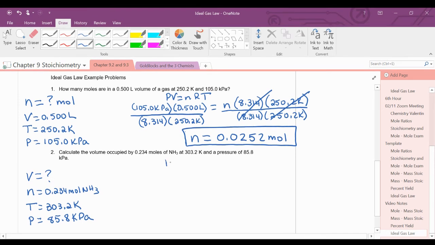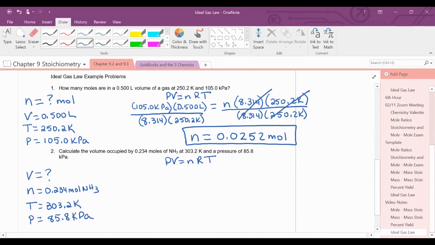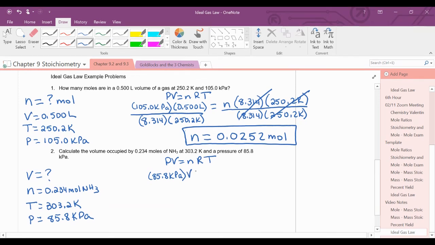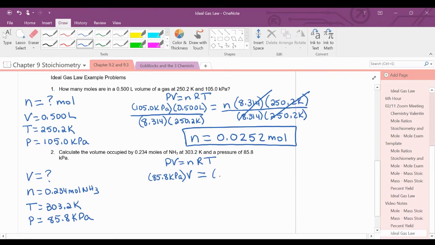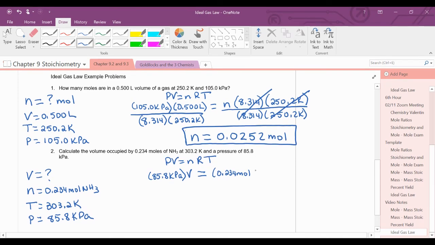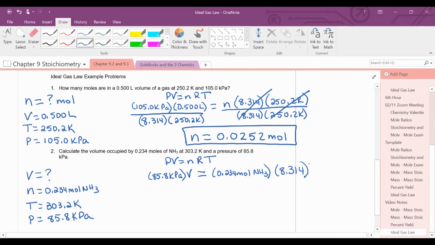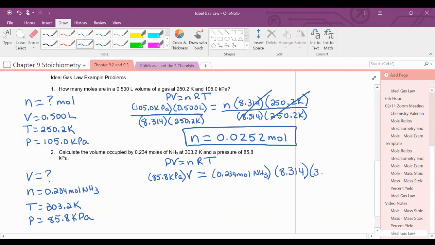So I write down my ideal gas law and I plug in my values. So pressure is 85.8 kilopascals. I'm solving for V. N was given as 0.234 moles of ammonia. R we memorize is 8.314. And the temperature is 303.2 Kelvin.